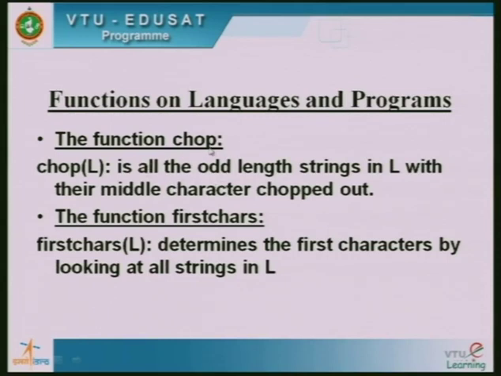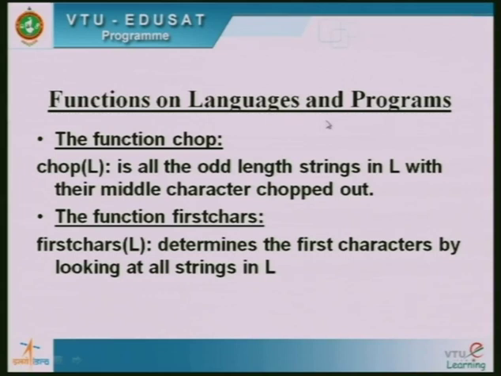So, now again we have some philosophical things which we have to understand, that is the functions on languages. I must remind you that languages are sets. Therefore, all the things which we have applied, union, intersection, difference and complementation, can be applied, which we have already seen in chapter 2.